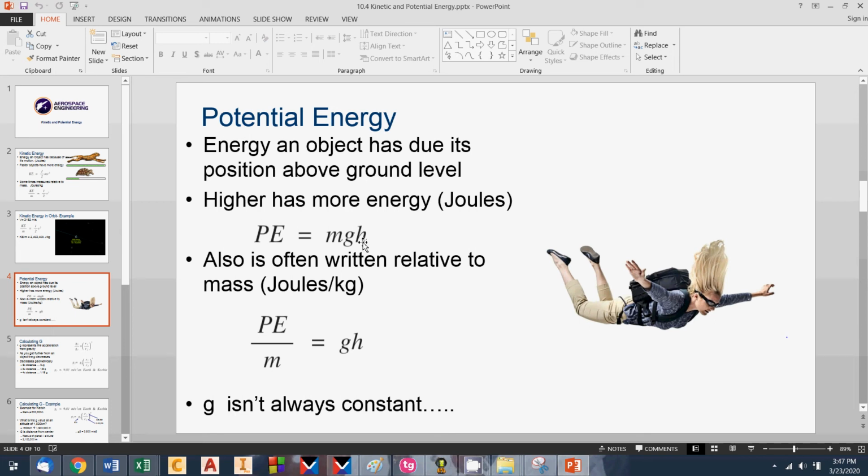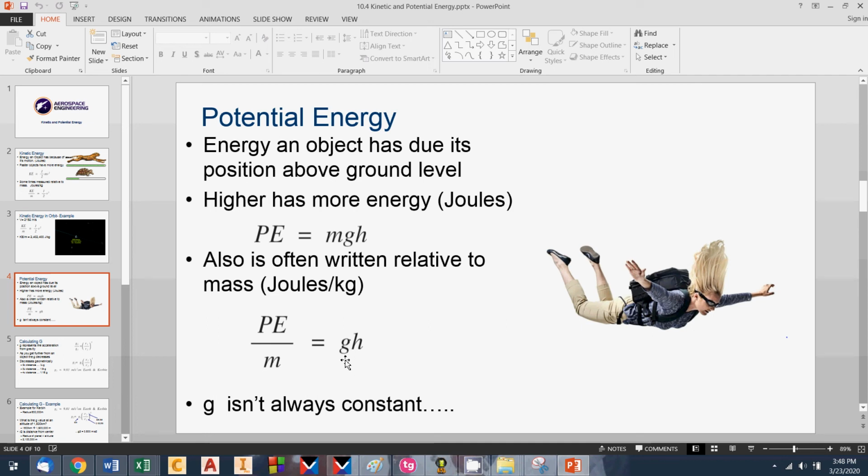And the height of the object, that's the h there. So just like kinetic energy, we're going to write this relative to its mass. So we're going to divide mass out of both sides, and we're going to say how much potential energy does it have for each kilogram. And when we divide it out, we find potential energy over mass equals the gravitational constant times h.